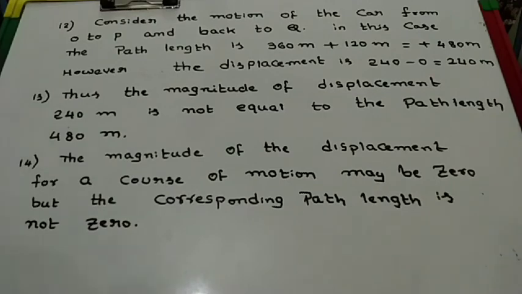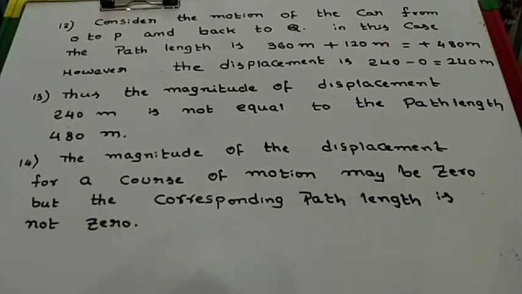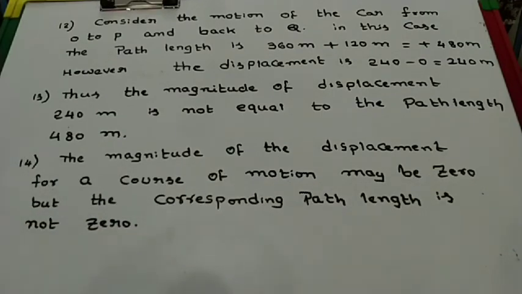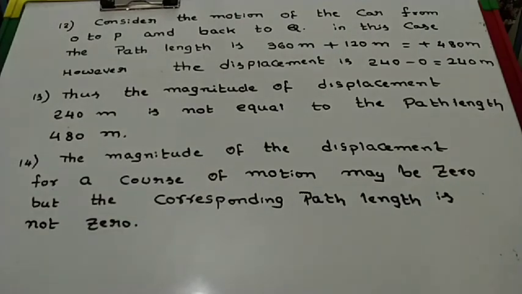Once again I am repeating this point. The magnitude of the displacement for a course of motion may be 0, but the corresponding path length is not 0. Now, I will give an example for point number 14.